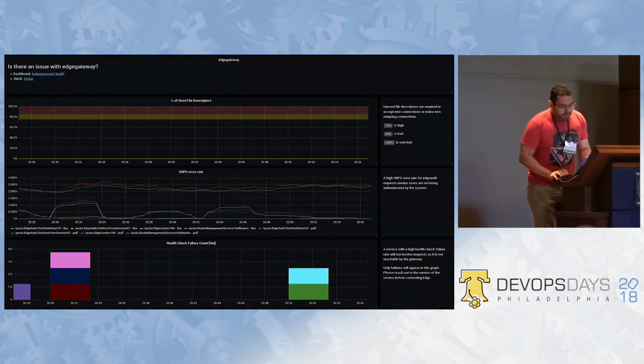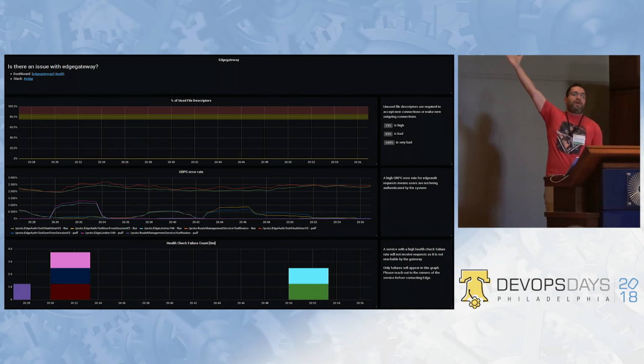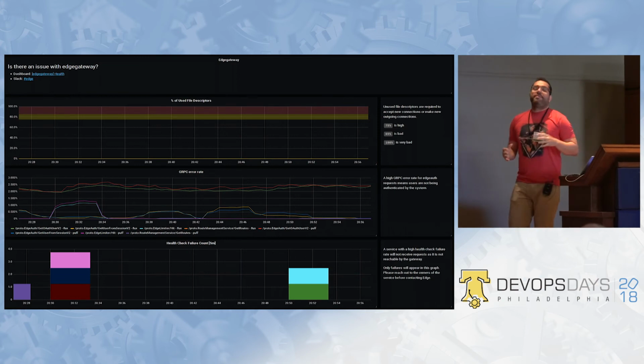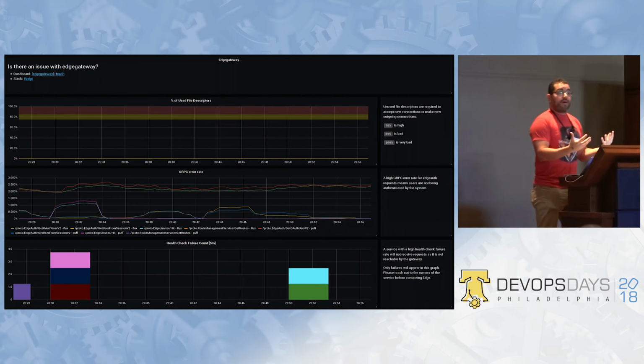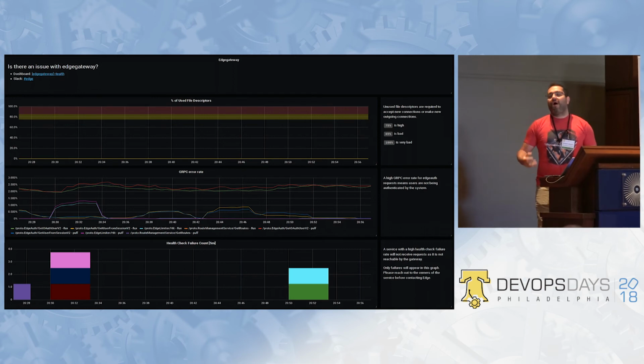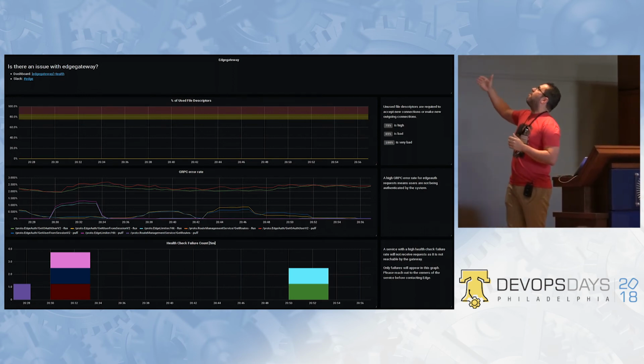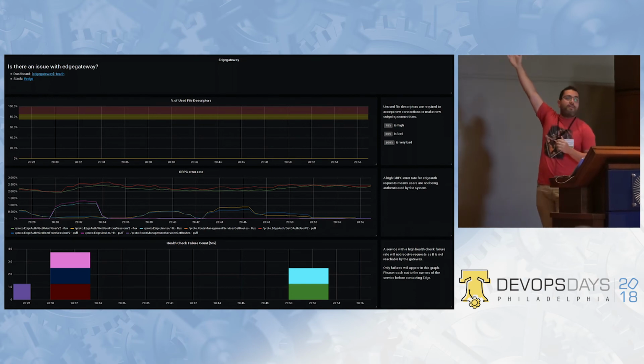And please add comments to your dashboards. Please, for the love of God, add comments. Make sure there are comments on your dashboard. Because maybe you're looking at a graph, and you're like, yeah, this makes a lot of sense. But for everyone else, it doesn't make any sense. It's really hard to understand what's going on. Most of the applications that allow you to build dashboards are going to allow you to have comments.